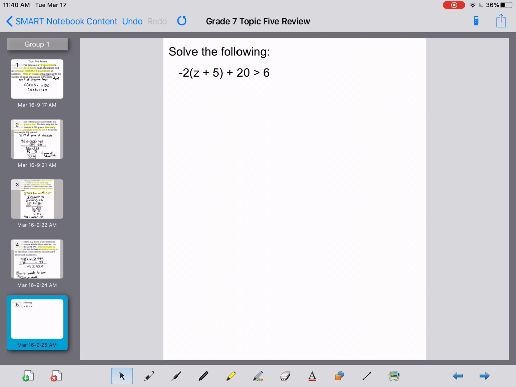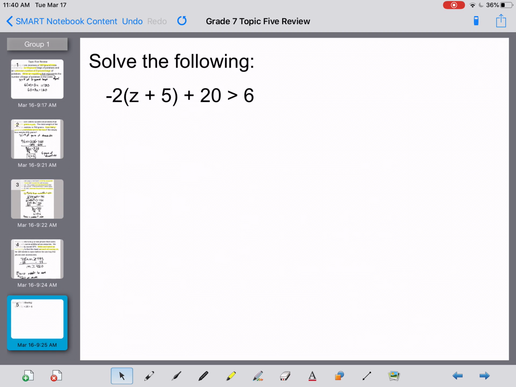And the last problem. Solve the following inequality: -2(z + 5) + 20 > 6. Take a second to copy down the problem.